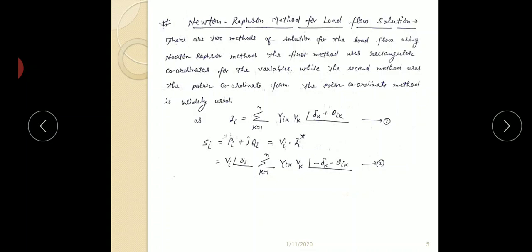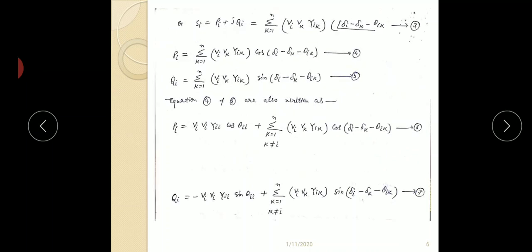So complex power Si is equal to Pi plus jQi, or Vi into Ii star. This can also be written as Vi angle delta i, summation k equal to 1 to n, Yik Vk angle minus delta k minus theta ik. So here equation number 3 is the complex power in polar coordinate form, Vi Vk Yik angle delta i minus delta k minus theta ik.